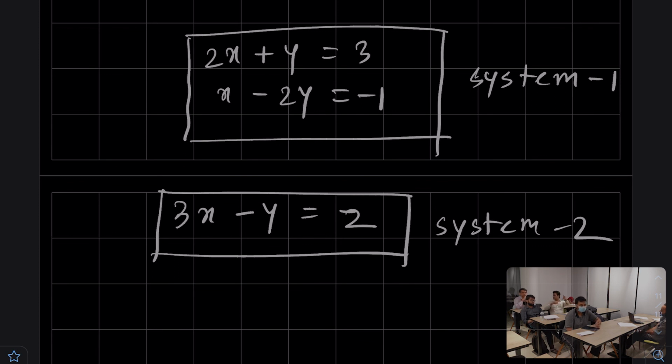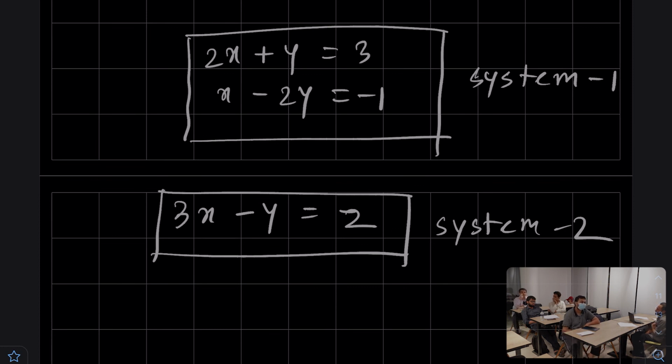Yes, but in the flavor of the theorems that we studied, can we explain why a generic solution of system 2 is not a solution of system 1?